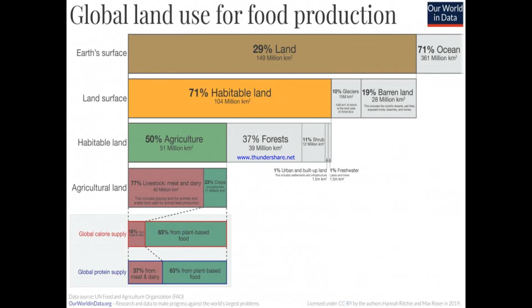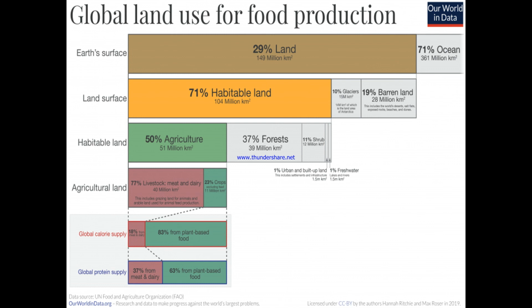Now, let us see global land use for food production. Now, we can say Earth's surface is divided into two kinds of surface. 29% is land, which is 149 million kilometers total around the world. And we have 71% ocean, that is 361 million kilometers. The sea is bigger than land. We go to the land surface, 71% habitable land.